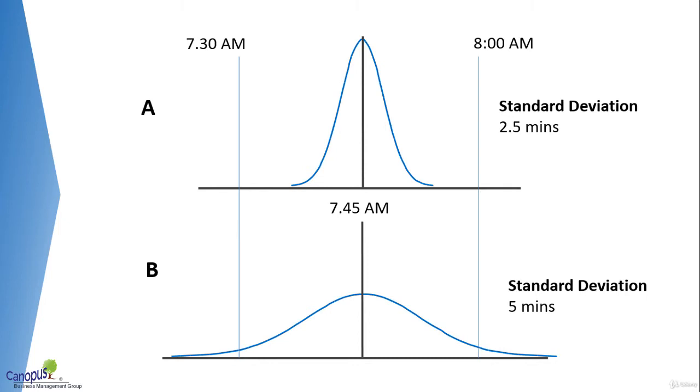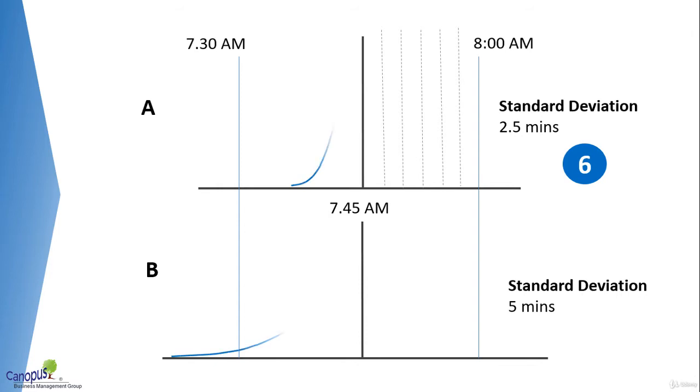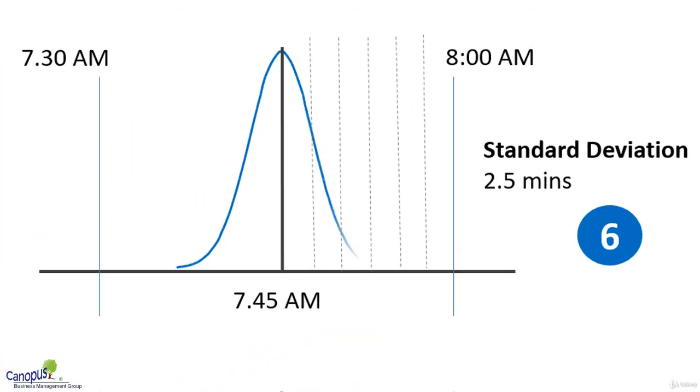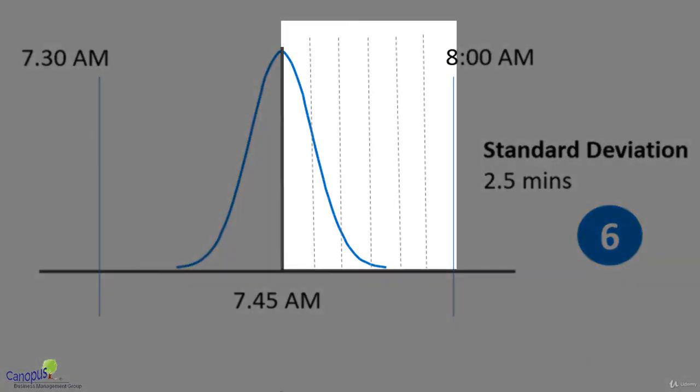If I start stacking 2.5 to 7:45, which means if I start adding 2.5 to 7:45, I will be able to pack 6 2.5s from 7:45 to 8 a.m. As you see on the screen, I can pack 6 standard deviations between the target time of arrival of the train and the tolerance, the upper tolerance or the upper limit of your waiting time. I can pack 6 standard deviations.